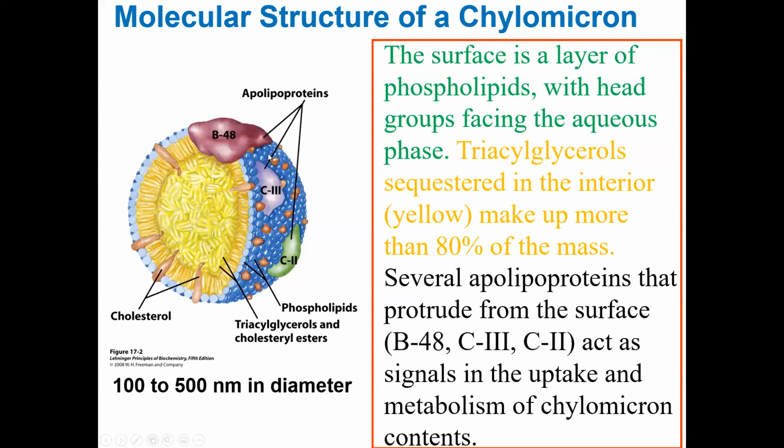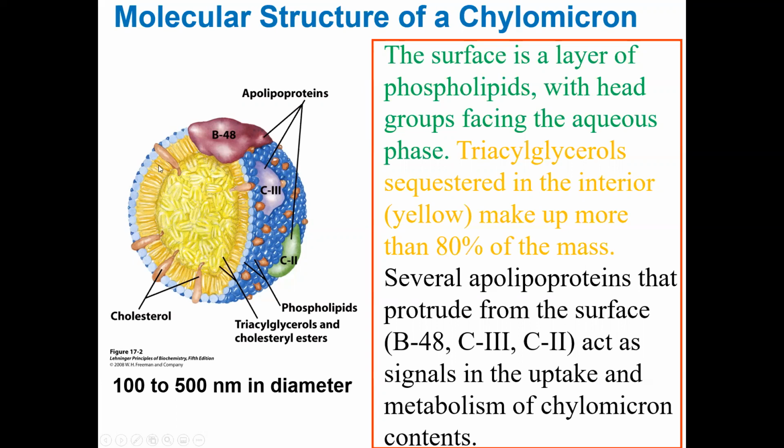It's basically the head groups of the phospholipids that form the surface. You can see all these blue things, the head groups of the phospholipids. And inside it, that's where the triacylglycerol is all sequestered.